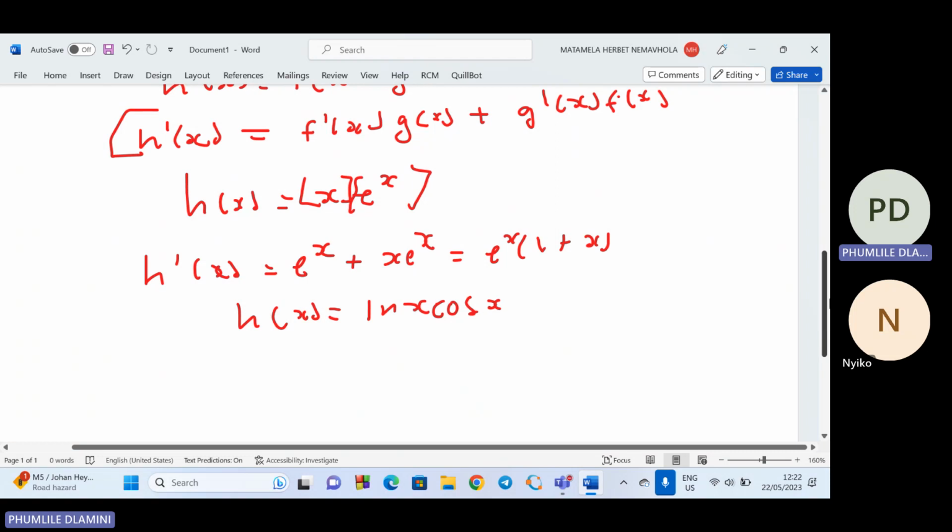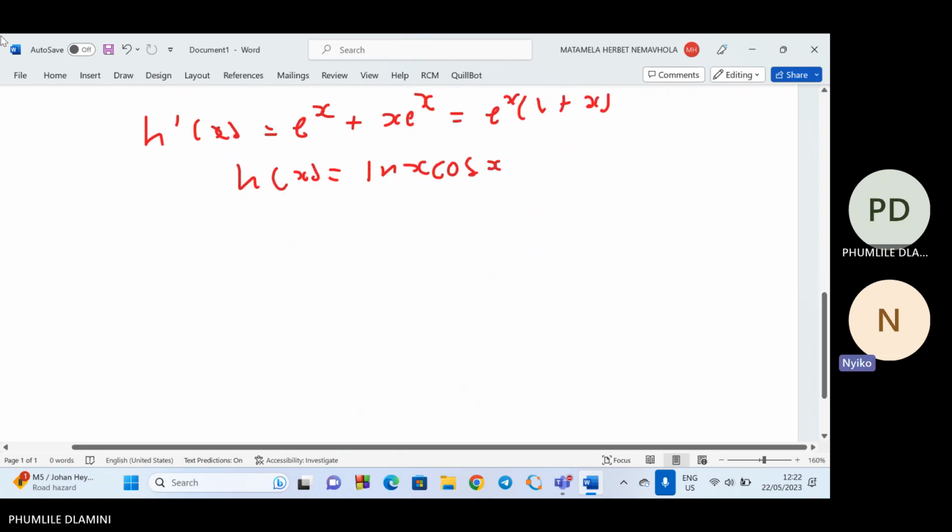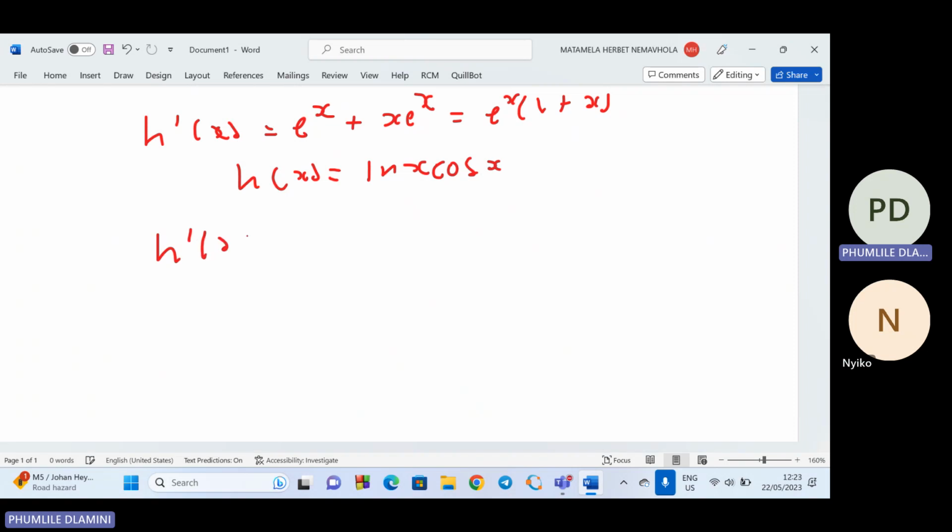If I have that, then to find h prime of x, I first differentiate ln x, which gives 1 over x, times cos x, plus I differentiate cos x, which is negative sine x, times ln x.